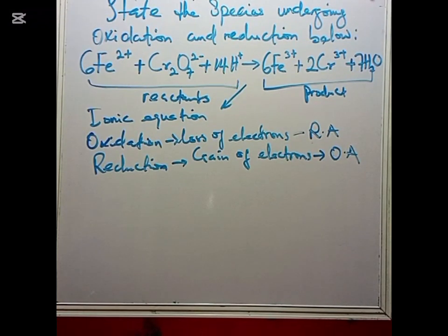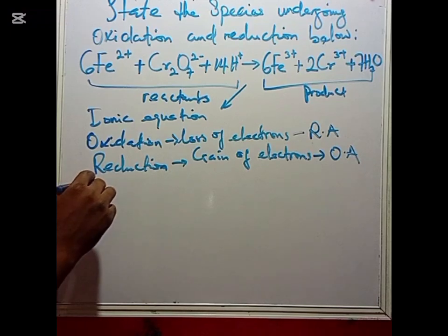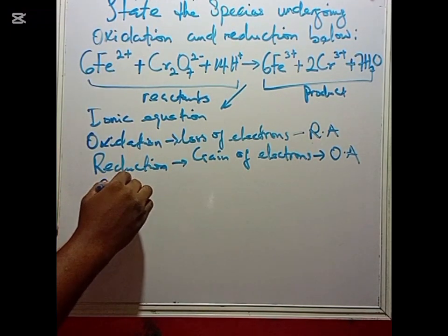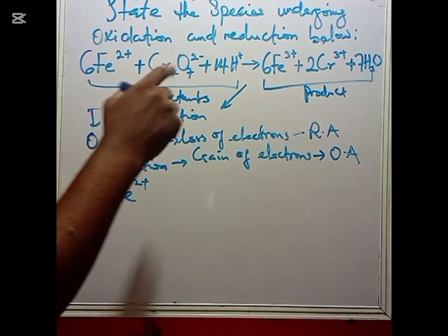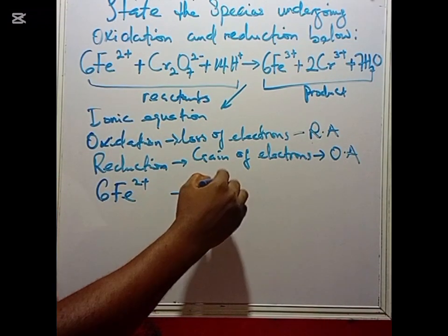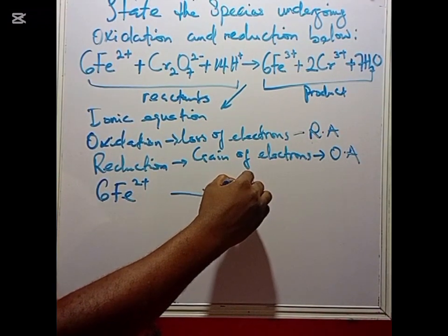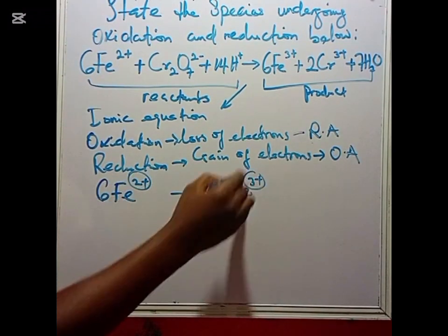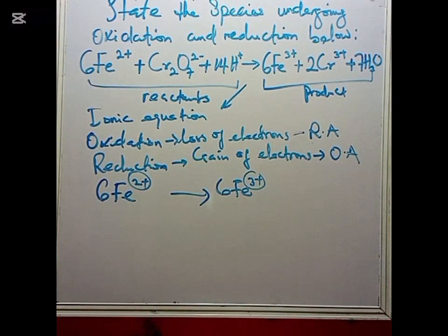Okay, so in this case we're looking at Fe. Take note that on the reactant side we have 6Fe2+. On the other side we have 6Fe3+. You can notice a change in oxidation state, which means it has undergone oxidation.